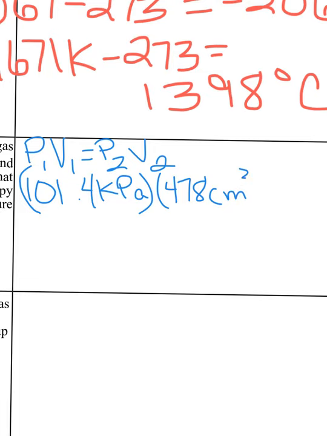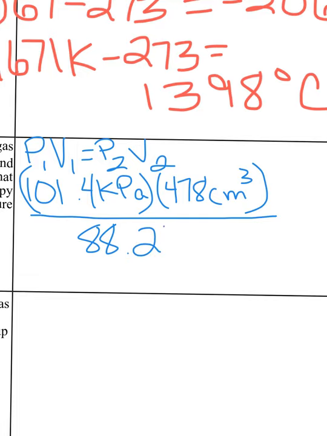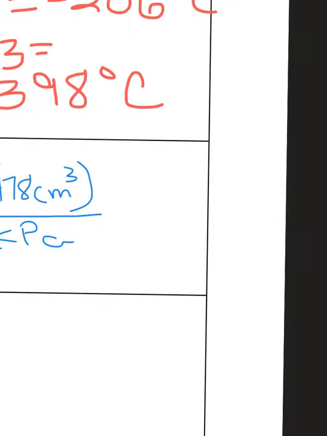So we're going to multiply them and divide by P2, which is 88.2 kilopascals. Working out the math, that gives us a V2 of 564.2 centimeters cubed.